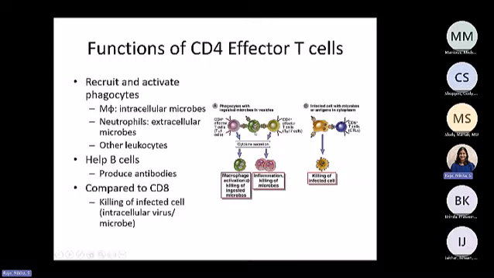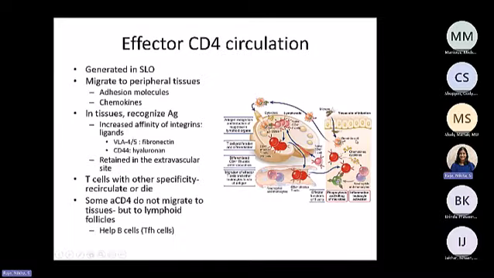So they license them further to activate the other CD4 cells, and they also help macrophages get more activated so they can help in their phagocytic function. Apart from that, here there is that interaction between the CD8 T cells with their target cell, but that interaction is also helped by the CD4 cells.